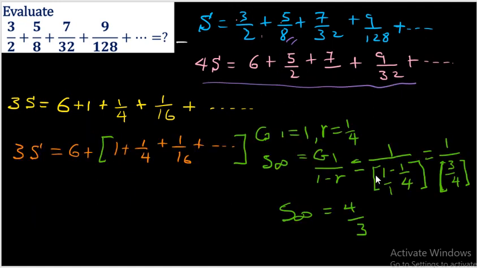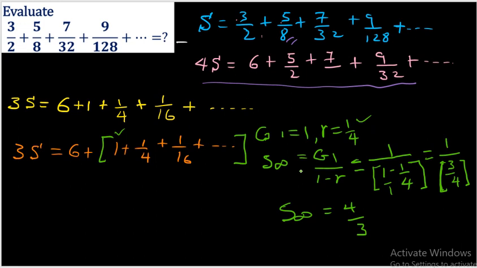Therefore, the geometric infinite series, as you see here enclosed in green, has first term g1 which is 1, and the common ratio is 1/4. The common ratio satisfies the condition to apply the sum at infinity rule.